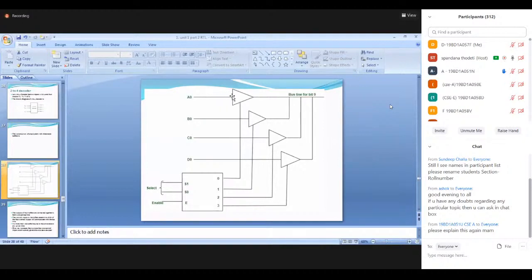So the inputs to all these tri-state buffers are the bits of the register. The circuit we have here generates a single line for transferring a single bit of a register. So this is the bus line for transferring the 0th bit.